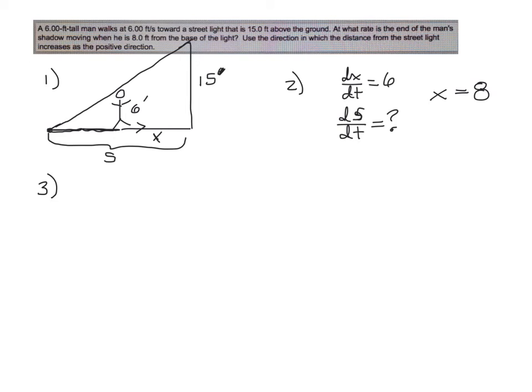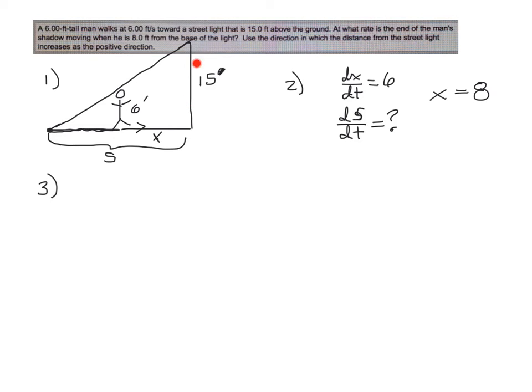So we need an equation that has a ds/dt and a dx/dt, and so that means we need an equation with s and x in it, and we can do this through triangles. So I'm going to use some similar triangles. I'm going to first of all go for the big one.